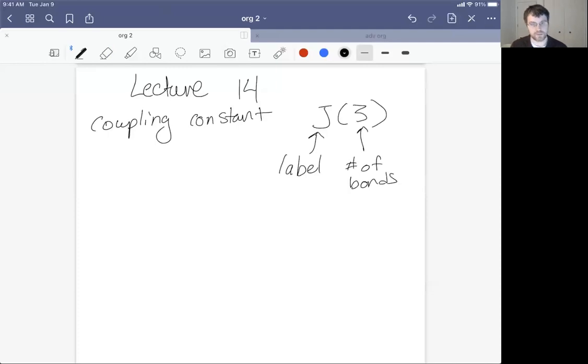Now, what we get by considering J is we start to understand something about what's called a spin system, or a coupled system. Let's look at a fairly simple molecule, diethyl ether, where we have two hydrogen environments, an HA and an HB.